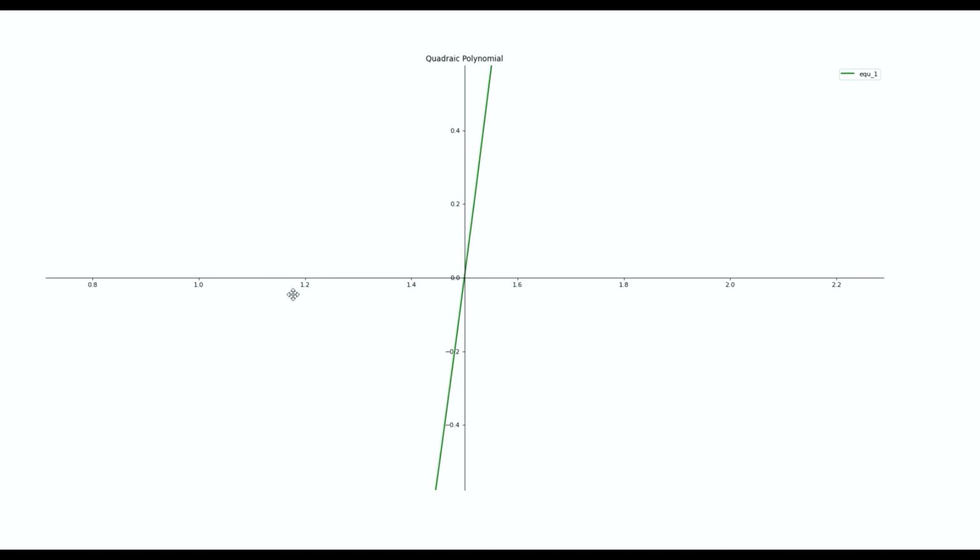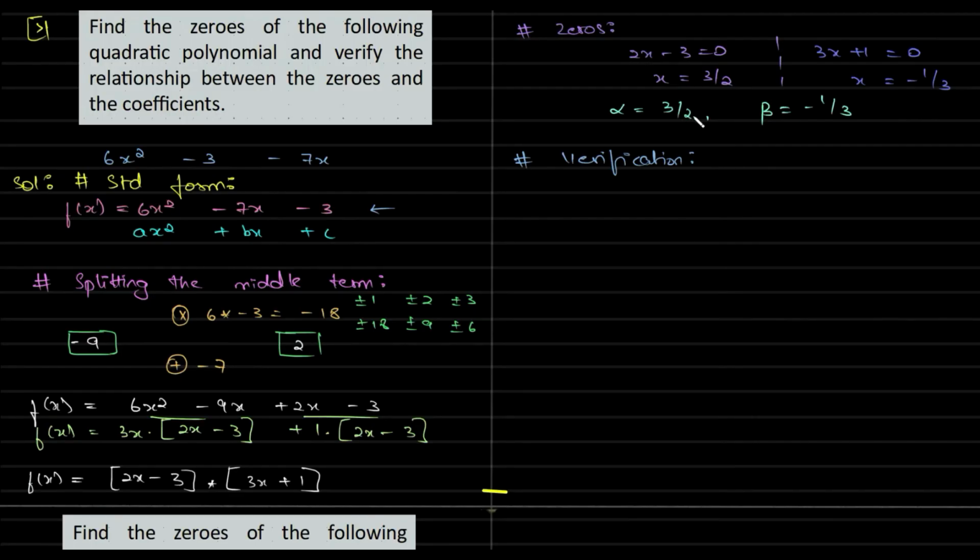Okay, so this line is crossing my x-axis and this point which the graph is passing through is between 1.4 and 1.6, exactly in the middle. So it is 1.5 because 3 by 2 is 1.5, right? So graphically also we verified the values are correct.